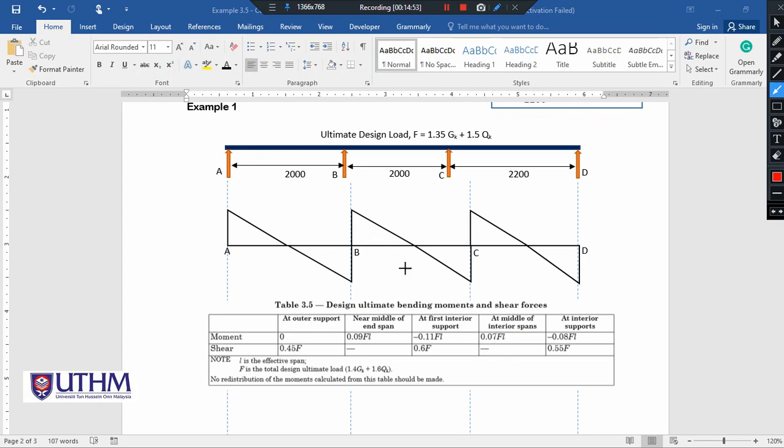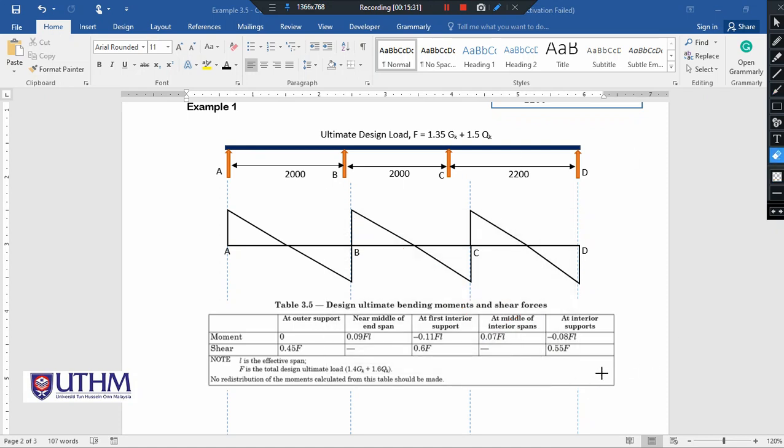This is the interior span, and the value is 0. Meanwhile, for the interior support, we go from this point up, this is the first interior support. Thus, this point is the interior support, same goes to this point. The 0.55 is here at this point and also at this point. So this is at the interior support.